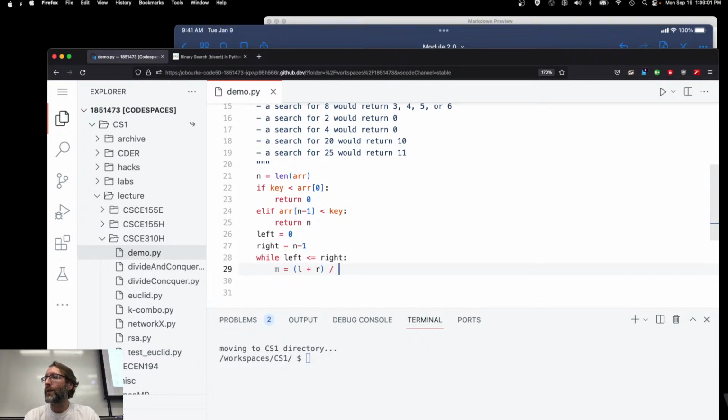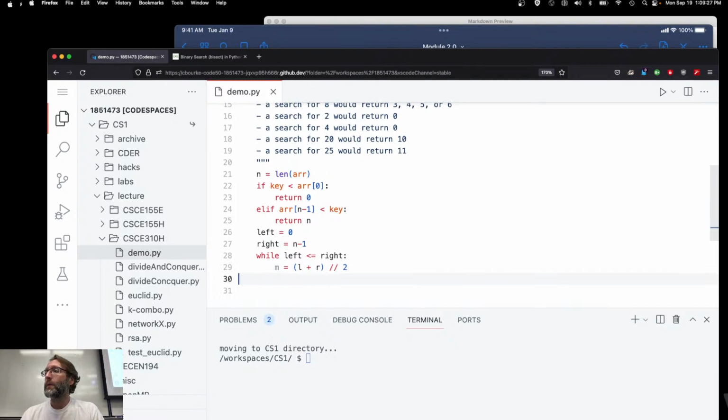Left plus right divided by 2. Well, okay. That's another way. In fact, that's the way I would do it. Why 2 slashes? This is going to be like 7.5. Is 7.5 an index that you've ever heard of? Nope. That's not floor, that's truncation, right?